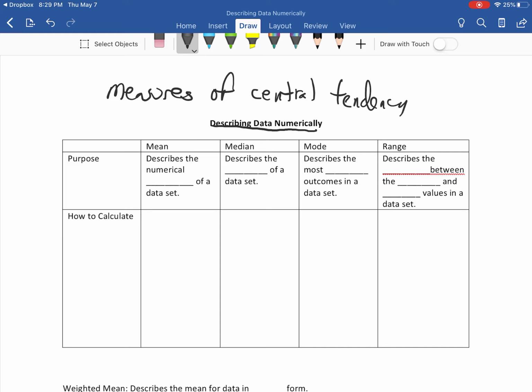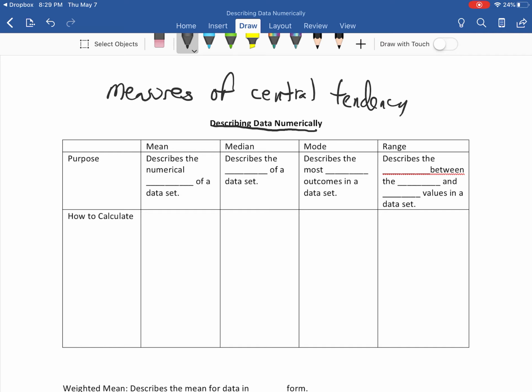By data set, we just mean any collection of values of data we've collected. Maybe we collect data about how many hours you're on your phone a day, how many hours you sleep in a day, a week, a month, whatever, how many calories you eat a day, that sort of thing.